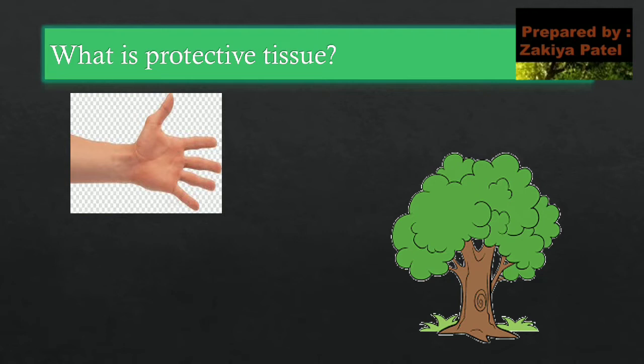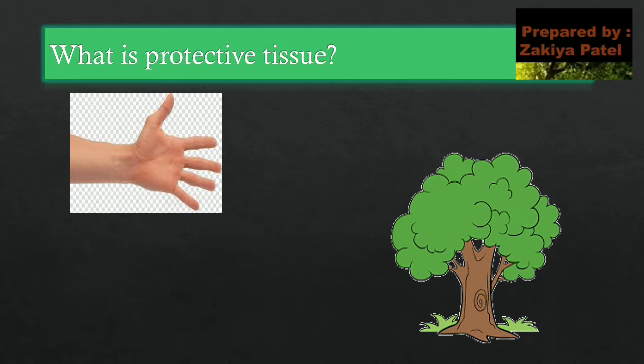For example, we have skin. Our skin protects our body from different diseases. It inhibits microorganisms from entering inside our body. But do you ever think how plants protect their internal parts from damage and diseases?